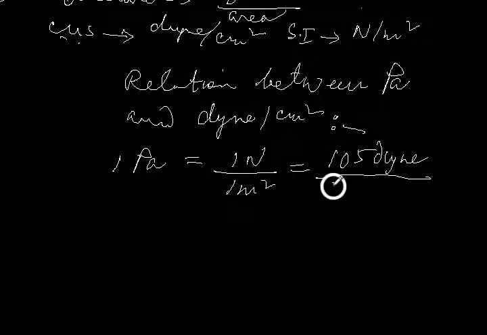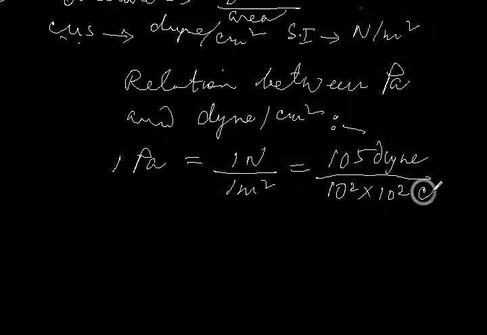1 meter square equals 100 centimeter into 100 centimeter, that is 10 to the power 2 centimeter into 10 to the power 2 centimeter. Get the idea clearly. 1 meter square equals 1 meter into 1 meter, that is 10 square centimeter square. Not 1 meter square equals 100 centimeter, but 100 centimeter into 100 centimeter.